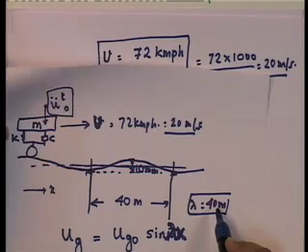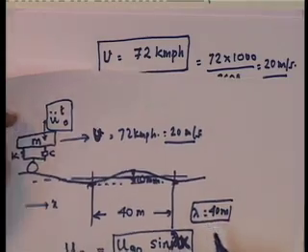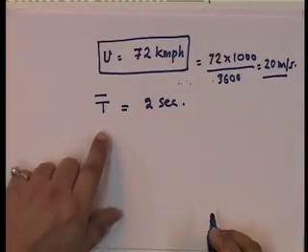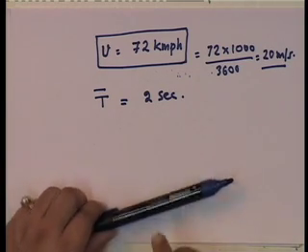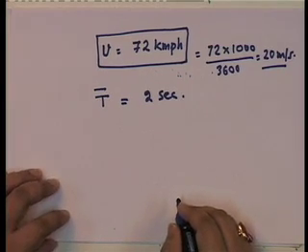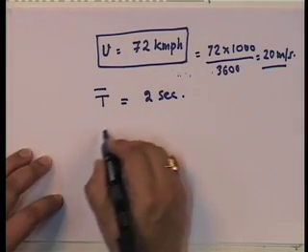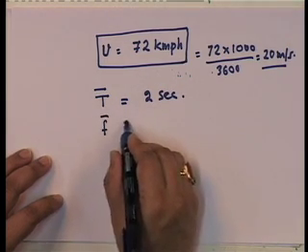So, in other words, what have we done? We have transformed this problem into a problem with omega bar t. Okay? And what is that equal to? Because we know that it is traveling at 20 meters per second, it takes 2 seconds. So, if it takes 2 seconds, that means what is the frequency?